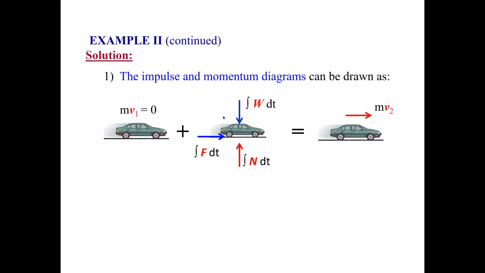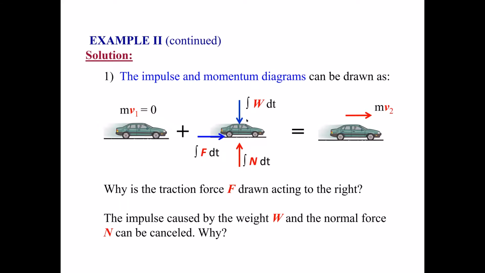And the impulse, we need to find the impulse from the force graph, plus additional components here, right? We have the weight and normal force. And at least that's part of our diagram. And that'll give us some final momentum. And a couple of points here from the diagram, right? Even though you drew this originally, you might have recognized that these could be canceled out, right?